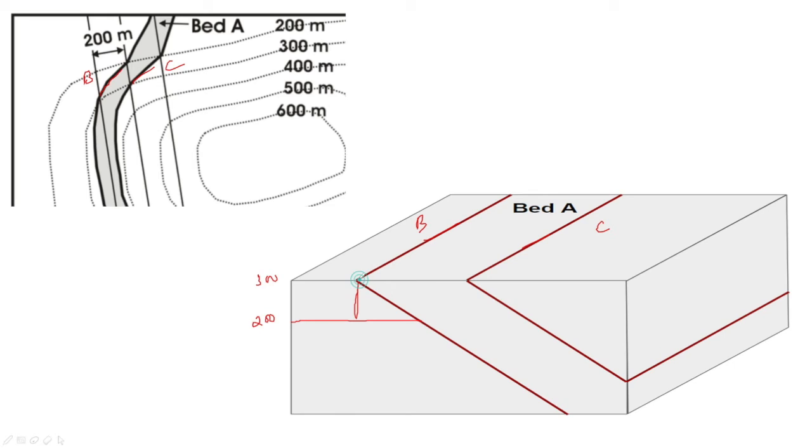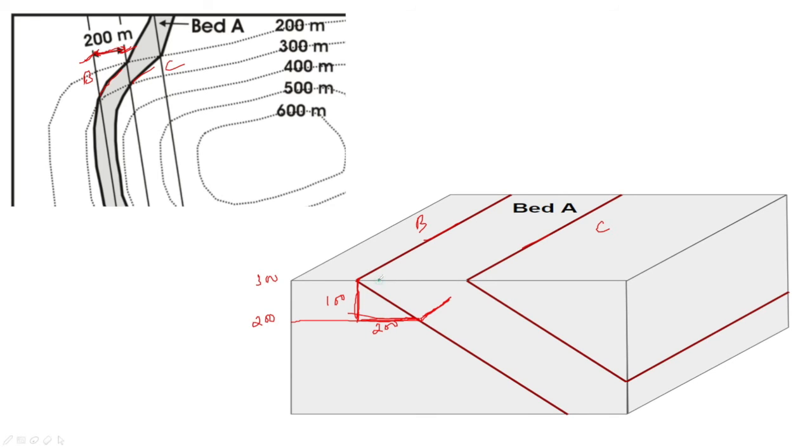Here you can see that the 200 meter straight line would be like this. So the vertical distance is 100 meters. The horizontal distance between these two stratum contours is 200 meters. It is given in the question. The horizontal distance is 200 meters.